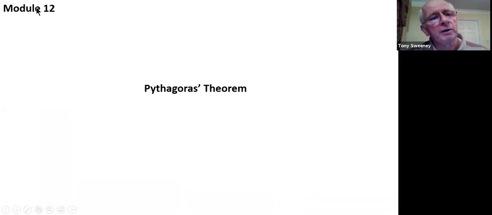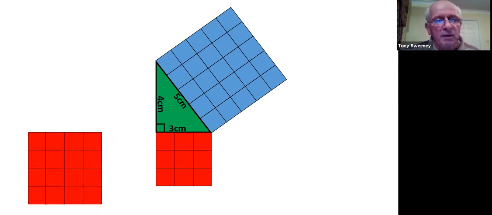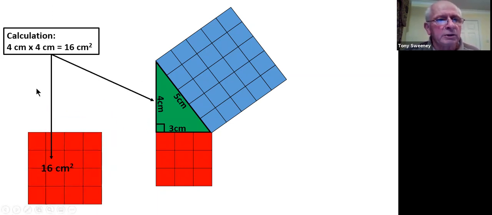Now we move on to module 12. And this is Pythagoras' Theorem. And first we start off with a visualization of what it means. So here we have this, the 4 centimeter line. So we square that.